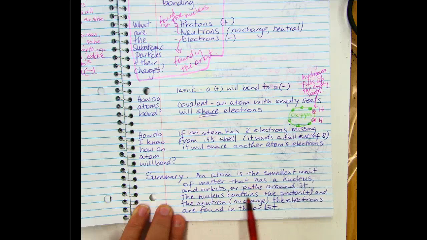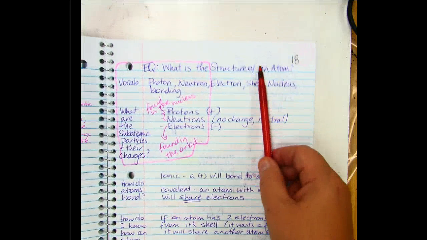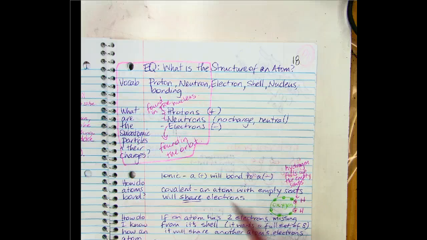The nucleus contains the proton and the neutron, no charge. The electrons are found in the orbit. Now this person could probably add a little bit more detail, but the structure of an atom is basic. The three subatomic particles that we talked about, the protons, neutrons, and electrons.